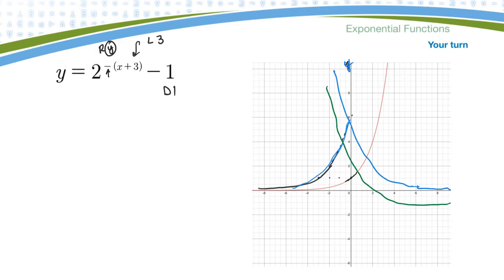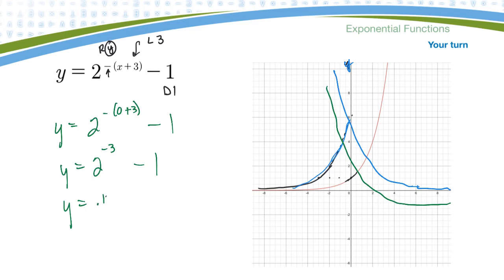Something like that. And if you want, and in the book I think they tell you to try this, is to plug in some numbers, like I was going to do with that y-intercept. So what I could do is plug in a 0 to determine the value of the function when x is 0, and then solve that. 0 plus 3 is 3, so it'll be 2 to the negative 3, take away 1. 2 to the negative 3, if you do that on your calculator, I think it's 0.125.